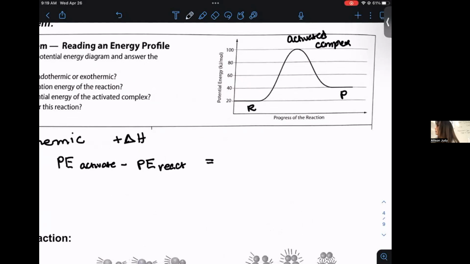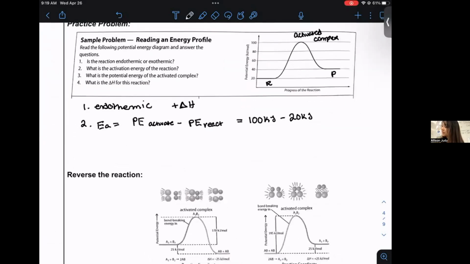I start at 20 kilojoules and I climb up to 100 kilojoules, so it becomes 100 kilojoules minus 20 kilojoules, giving me an activation energy of 80 kilojoules. You will never have a negative activation energy. If the whole point is that it takes energy to break bonds, it is literally impossible to have an upside down curve for these.